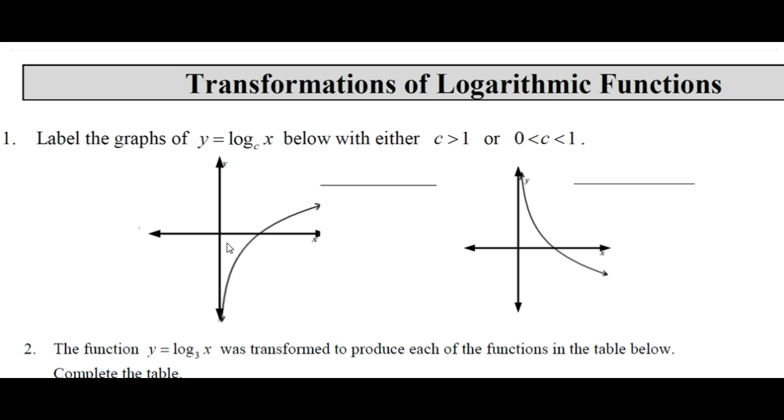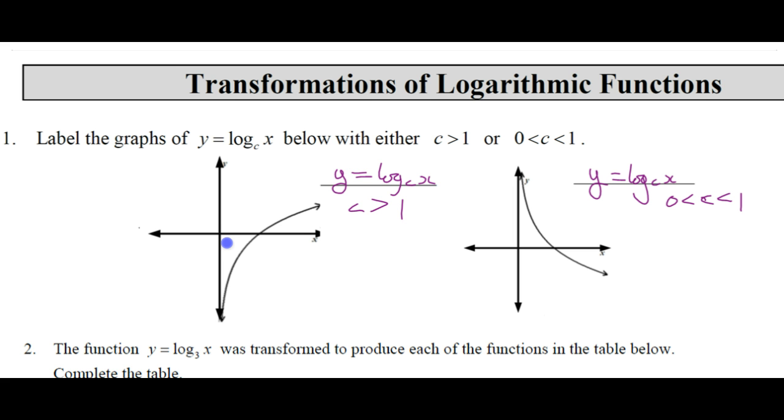The idea is just to keep on, okay, what do the basic ones look like? So is this with c greater than 1 or with c between 0 and 1? So this is y equals log base c of x where c is greater than 1. And this is y equals log base c of x.